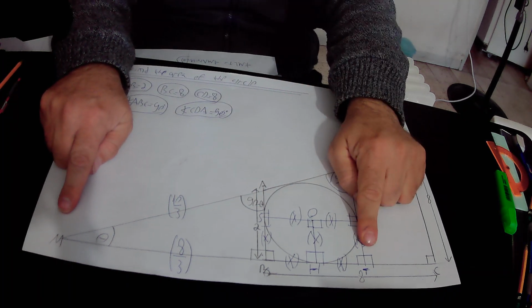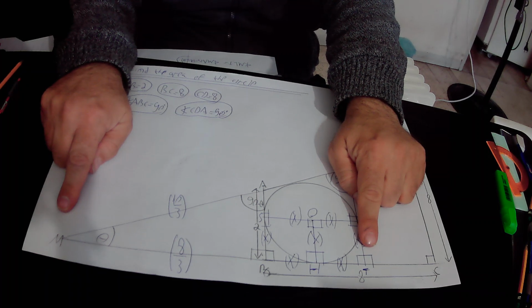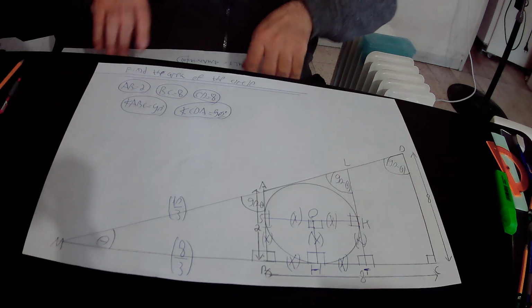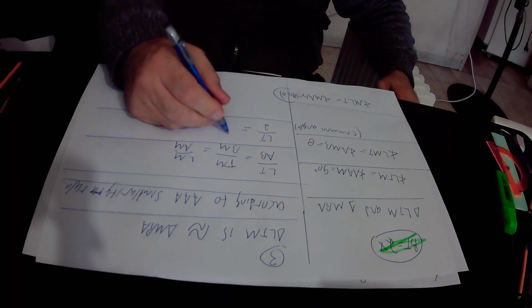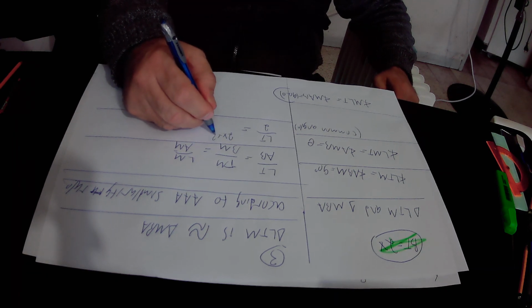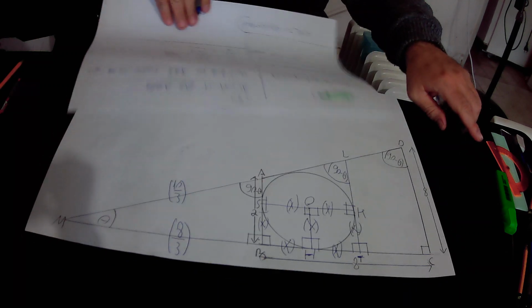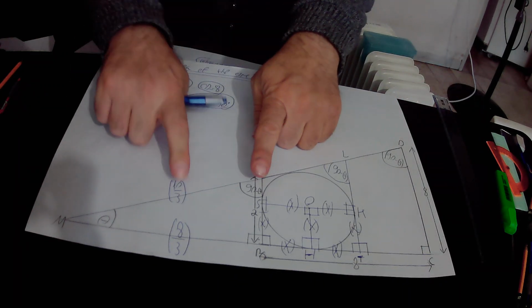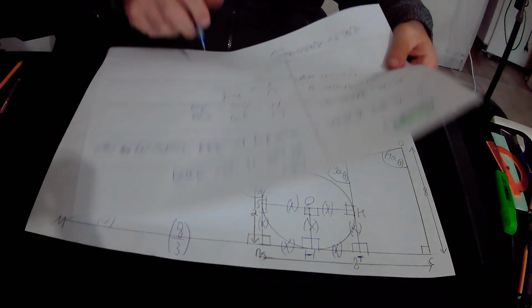From the drawing it is very easy to see that TM in total equals x plus x, that is 2x, plus 8 over 3. So in total TM equals 2x plus 8 over 3. So we'll substitute TM by 2x plus 8 over 3, divided by BM. Here BM equals 8 over 3, so we'll substitute BM by 8 over 3.